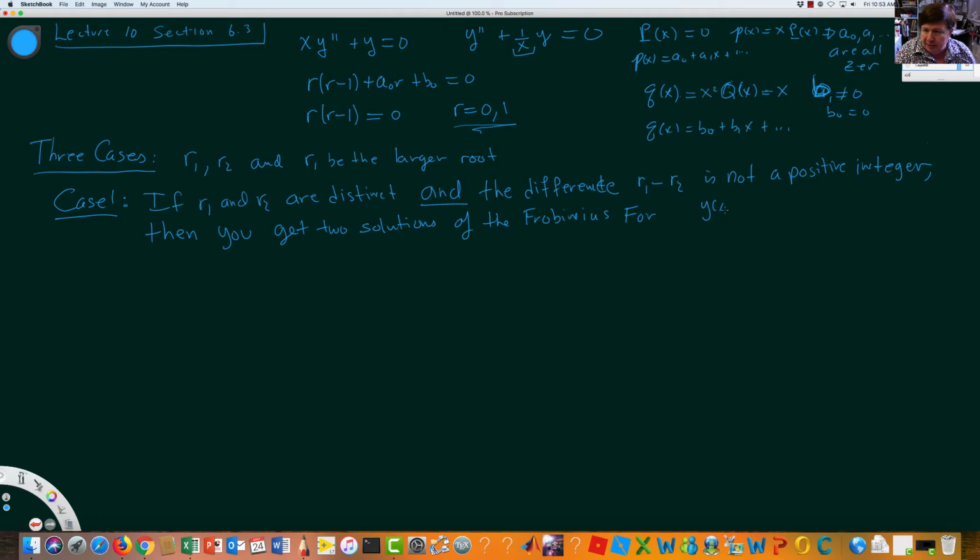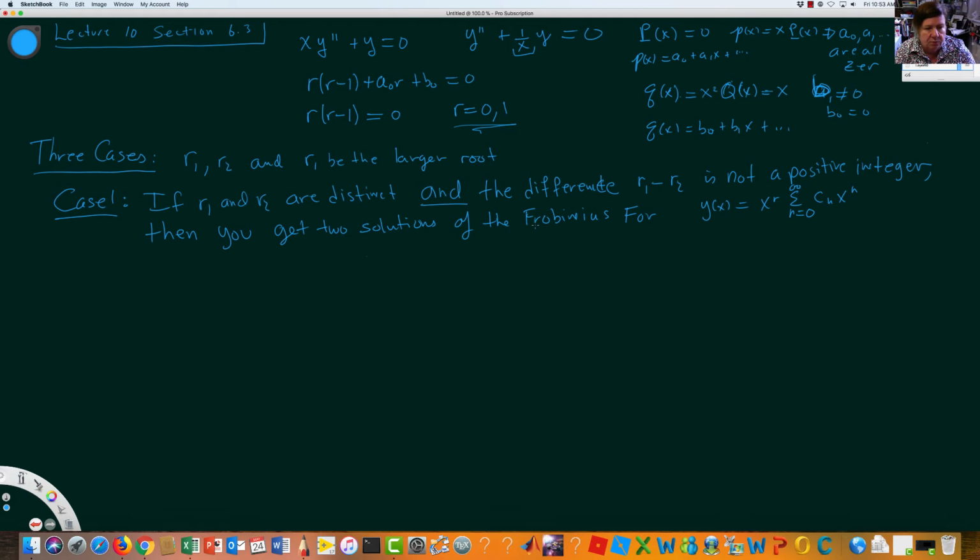And that's that series solution, where y of x is x to the r times the sum from n equals 0 to infinity of c n x to the n. You're going to get 2 of those. That's what we had in the previous example, where we had 2 solutions. And remember what the r's were for that?